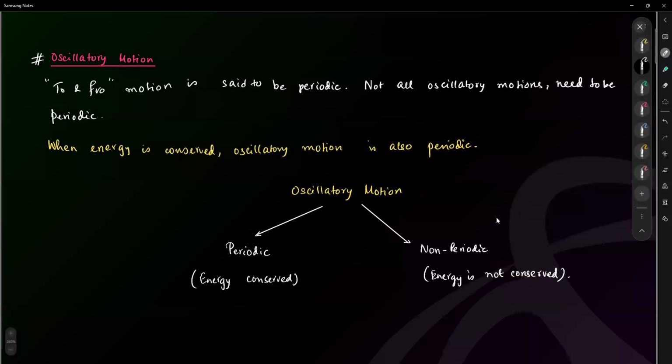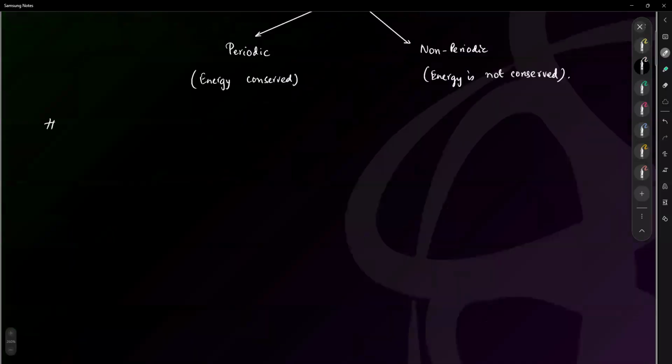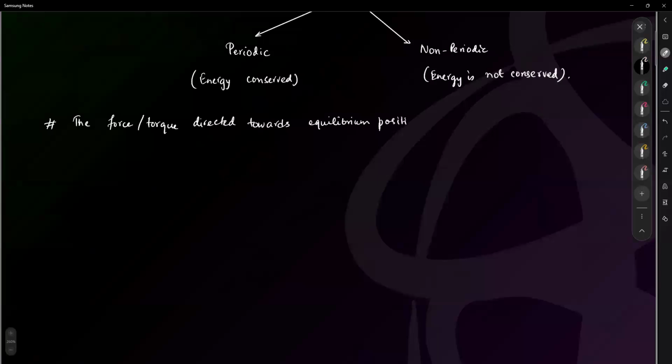Now, one important factor in case of oscillatory motion is that the force or torque directed towards equilibrium position acting on a body in oscillatory motion is called restoring force or torque.